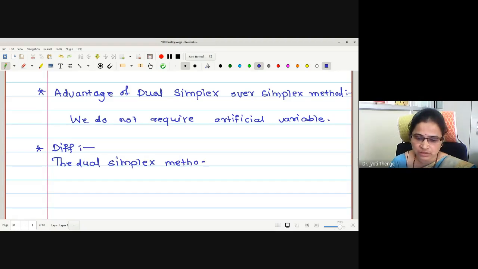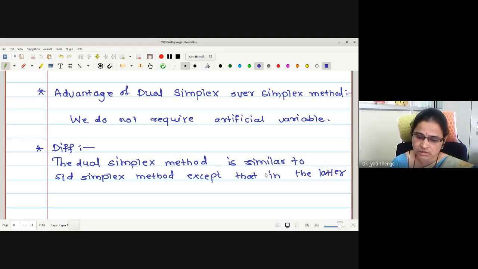The dual simplex method is similar to the standard simplex method, except that in the latter the starting initial basic solution is feasible but not optimal.